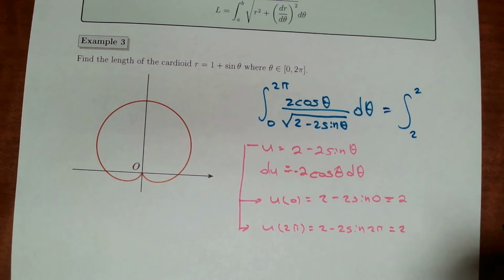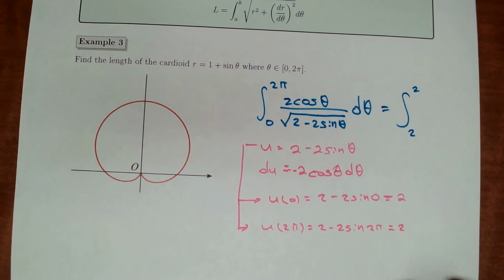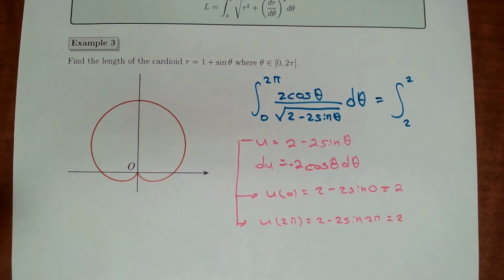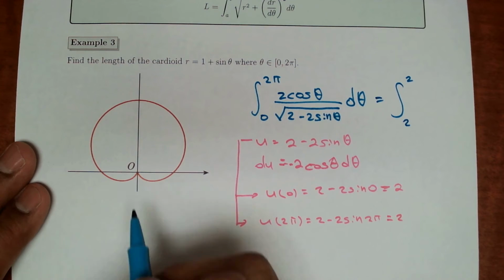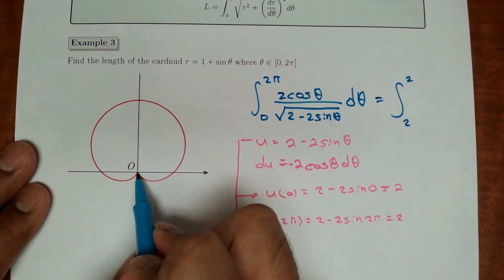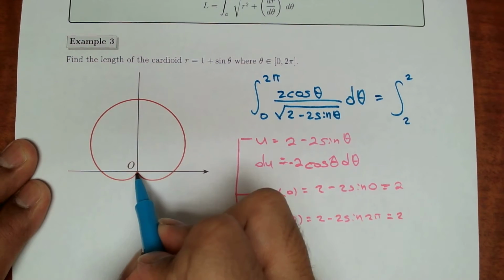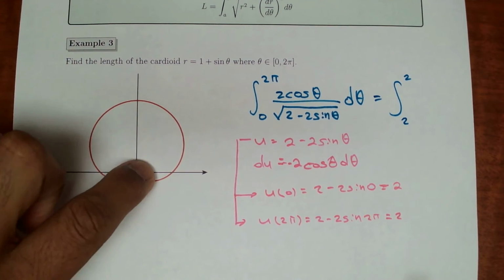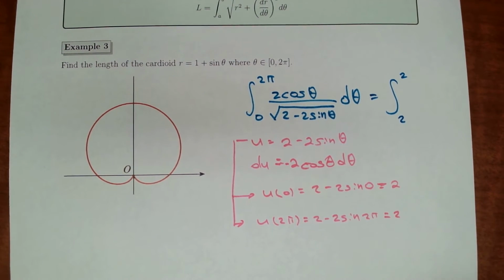We are essentially stationary. That's very inconsistent with the picture that we have, because we're starting here, going around, and yes, we get back to the same point. However, we're moving some distance, and that distance is definitely not 0.